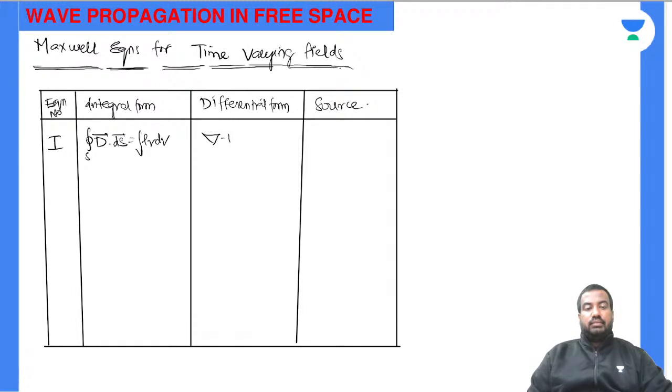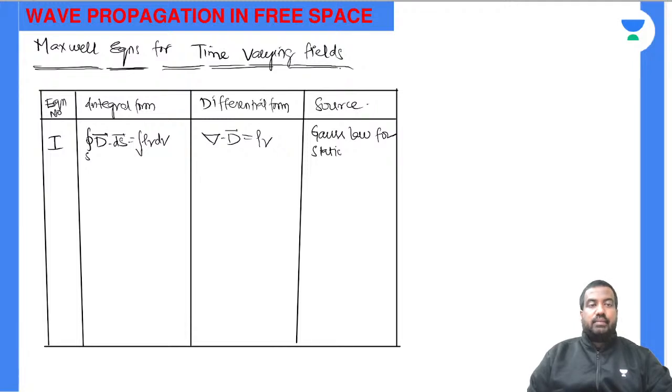Differential form, del dot d is equal to rho v. Source, Gauss law for electric fields.